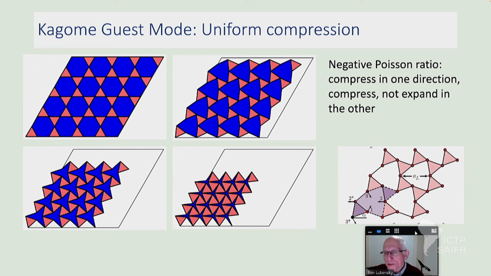I understand that. So yeah, there has been some work we did with Xiaoming Mao and others. We asked the question. We particularly looked at it for the square lattice. I haven't done it for the Kagome lattice, but the square lattice has the same problem. You can distort it with zero energy because it has only straight lines and bonds.